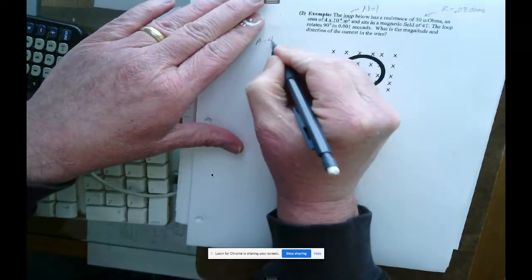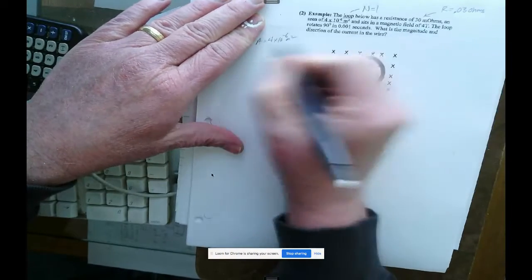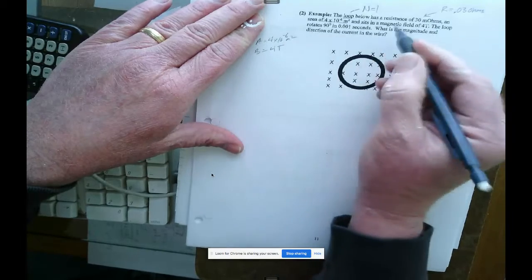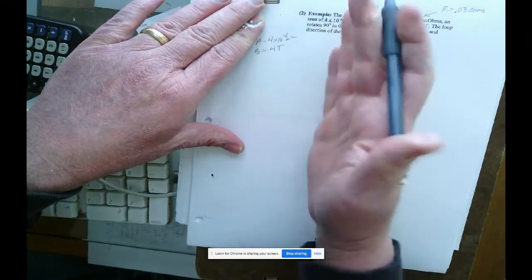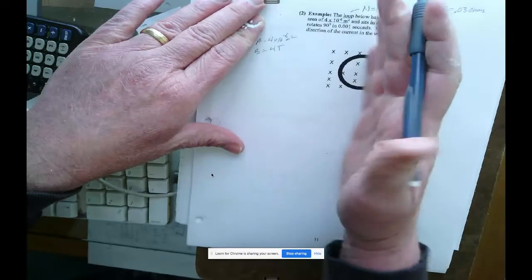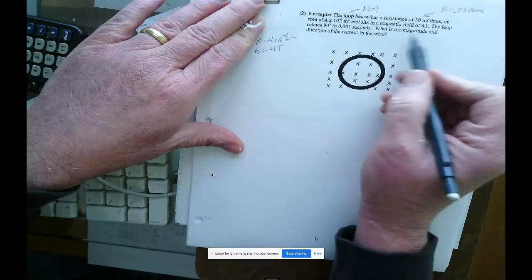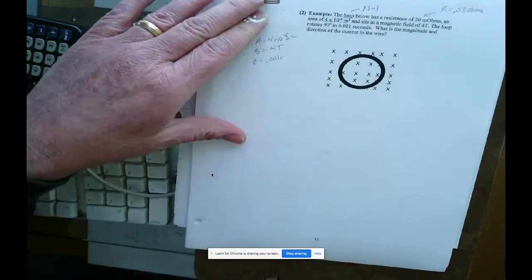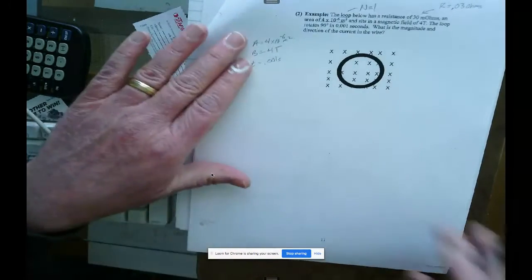Area is 4 times 10 to the minus 6th. Magnetic field is 4 Tesla. It's going to rotate 90 degrees. That's going to make it turn like this. So it's going to make the flux turn off. And the time is 0.001 seconds. And this is a very similar question. We're trying to find the current.